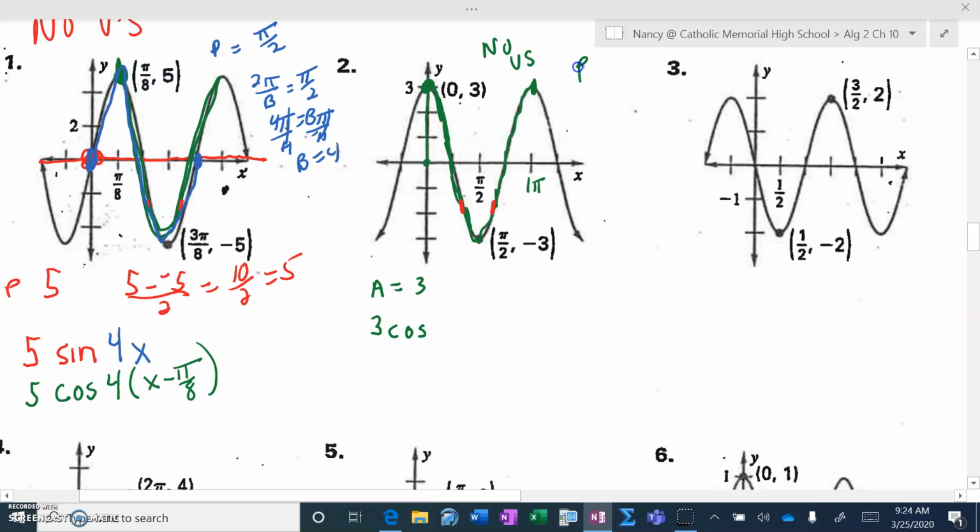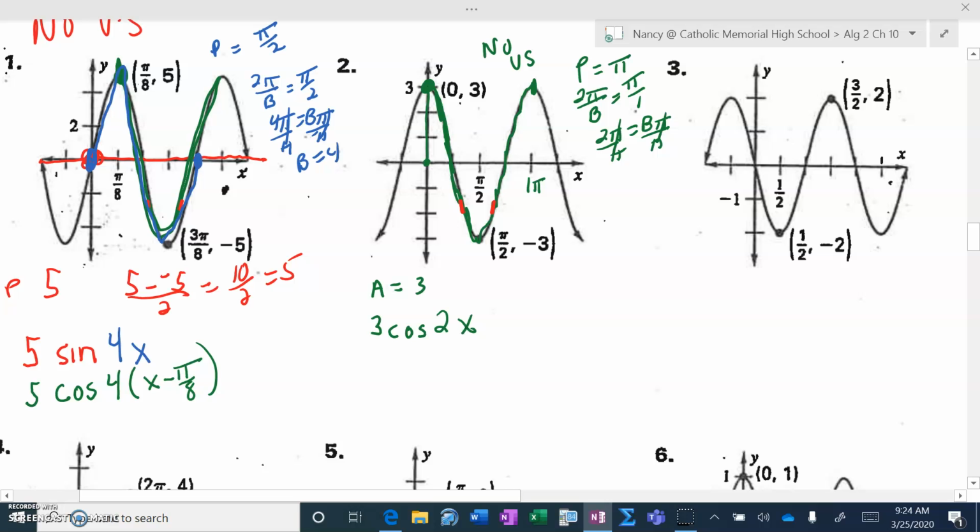So my period is simply pi. So to get the b, you go 2 pi over b equals pi, and you cross multiply. 2 pi equals b pi, divide by pi, you get b equals 2. And there is my equation.